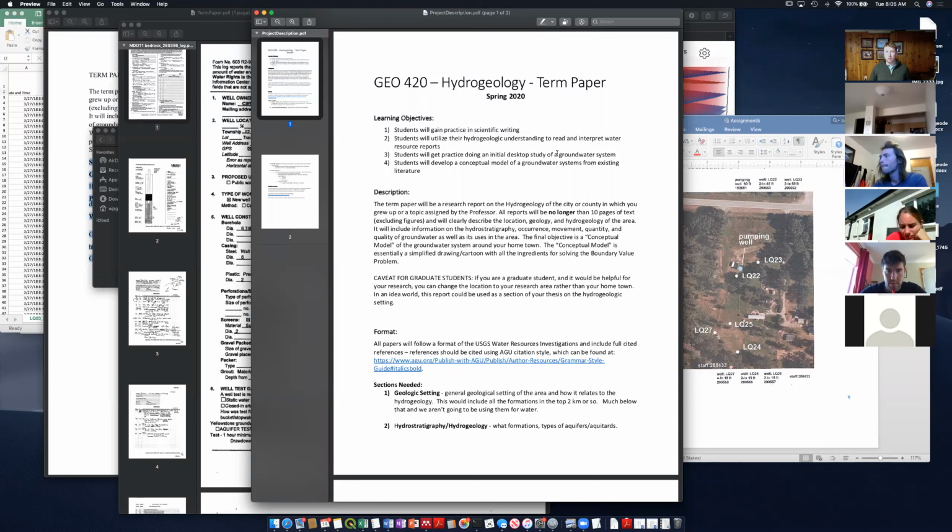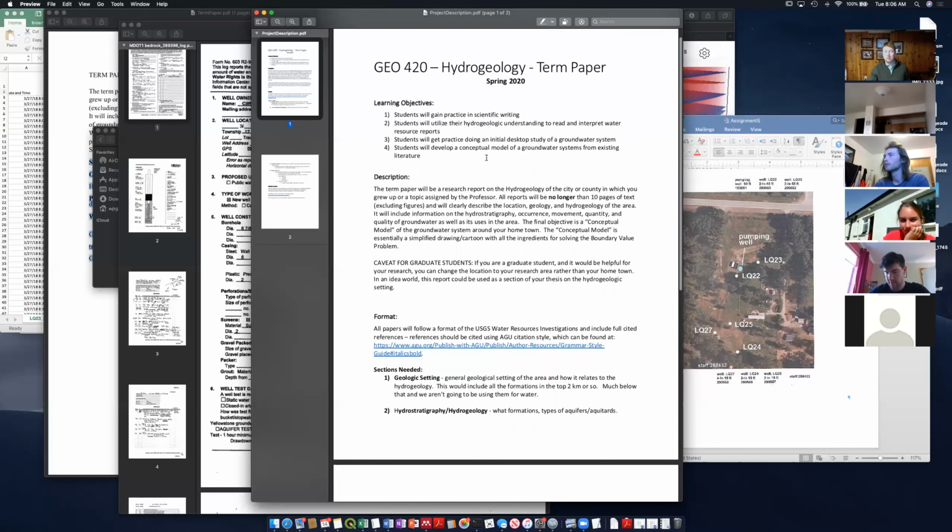So use what you've learned to understand first what the report is saying, and then synthesize that data to be able to develop a conceptual model of a groundwater system. And so this really is a desktop hydrogeologic investigation. And this is step one of any hydrogeology project: to go out and find out what other folks have done in the area and start to develop your own conceptual model of the hydrogeology of the system.